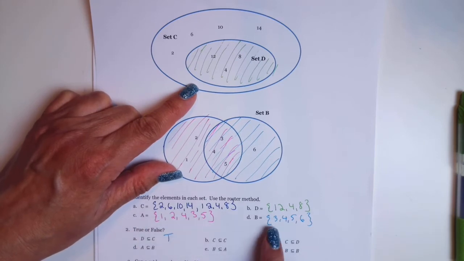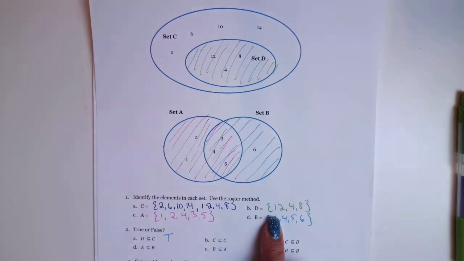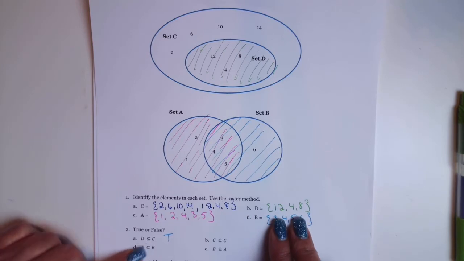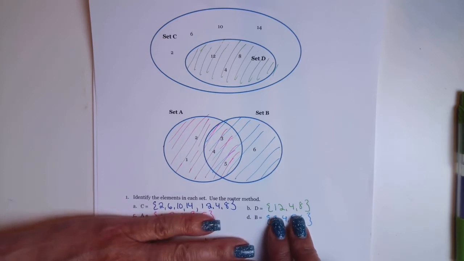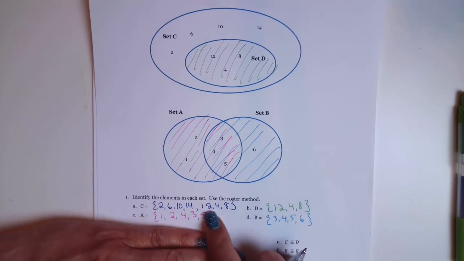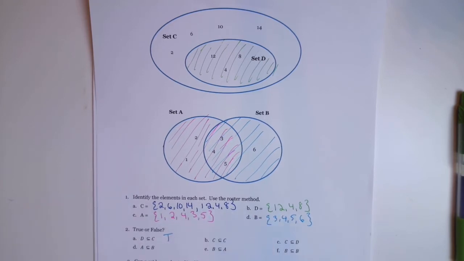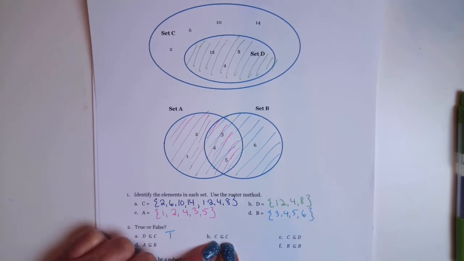Now, we could also compare the roster methods that we wrote. And see that we have 12, 4, and 8 in D, and we have 12, 4, and 8 in C. So D is a subset of C. Next one, is set C a subset of set C?